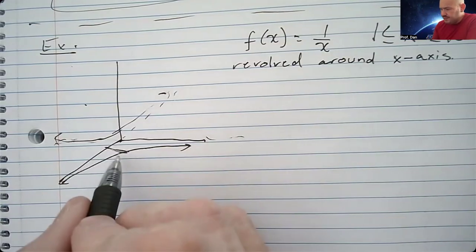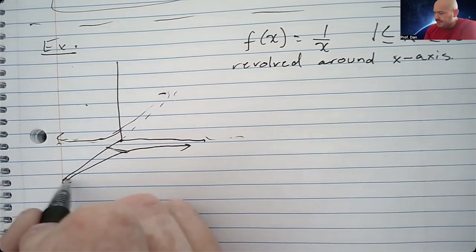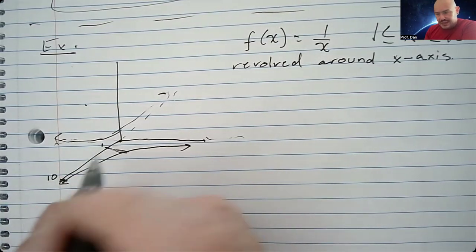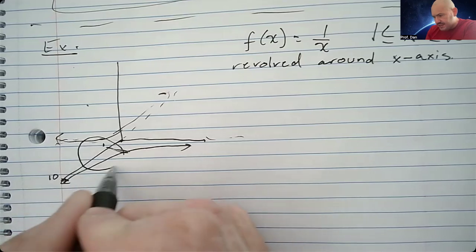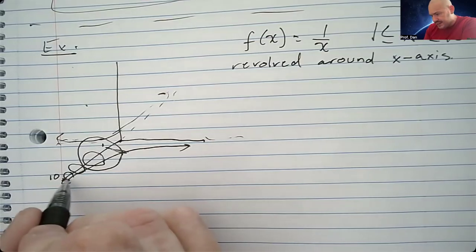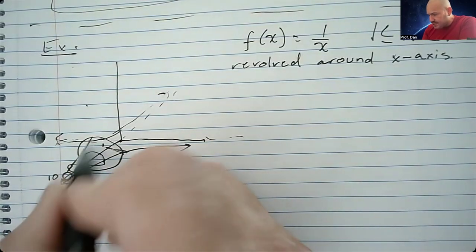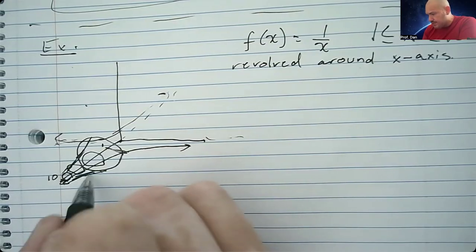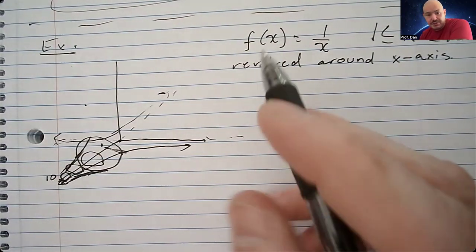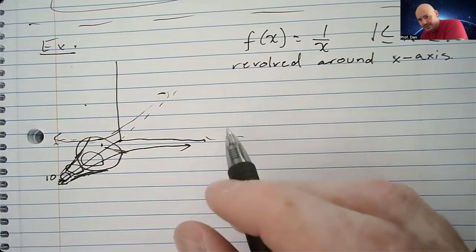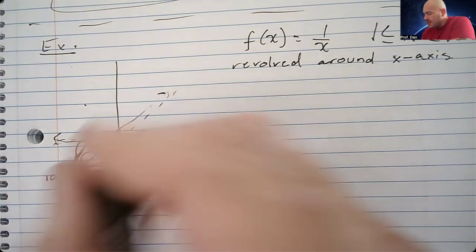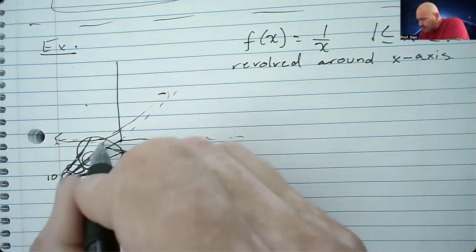So in other words, it would be like if I took this whole region here from x equals 1 to x equals 10, and I just spin it around that x-axis. Basically, I would make these circles all along the x-axis of varying radius, eventually leading me to the shape which you may have heard of called Gabriel's horn, which actually extends out infinitely. And kind of goes back to some of the things you learned about improper integrals in Cal 2, which related directly to series. But I'm not going to go down that rabbit hole.